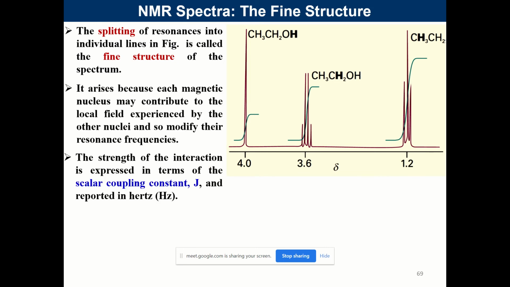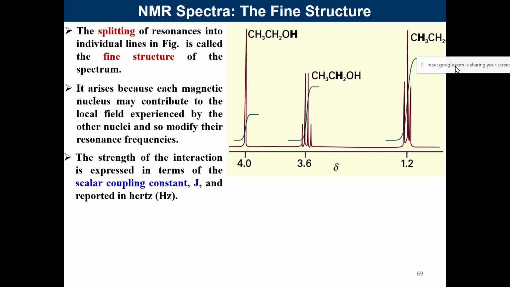This I had already referred to in my last class, and it is coupling between two interacting nuclear spins, which gives rise to this kind of splitting.